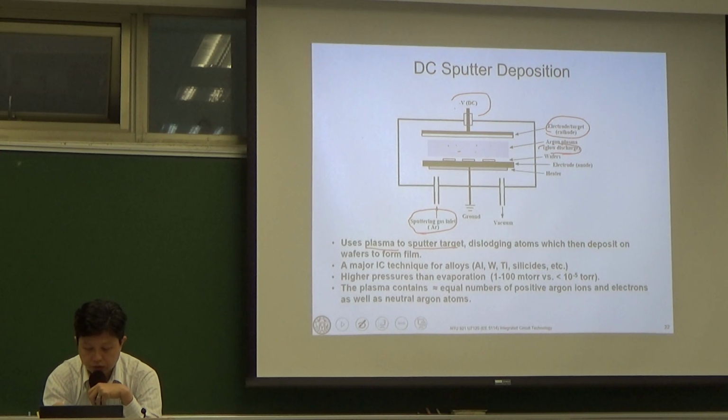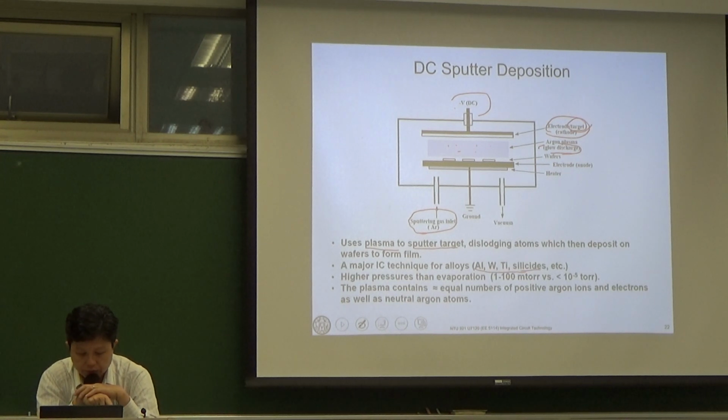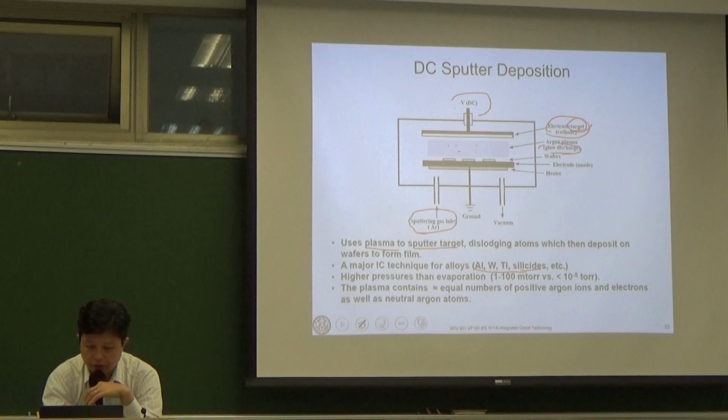Okay. So in this target, we can put some metal. Once we have these alloys, metals, then we apply this, so argon will bombard this and sputter out some metal, and metal will come to your surface.